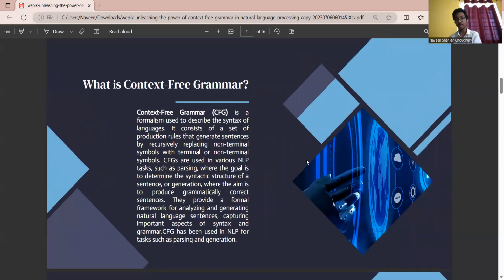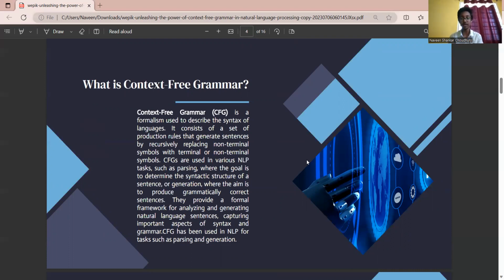So what is context-free grammar? Context-free grammar, that is CFG, is a formalism to describe the syntax of languages. It consists of a set of production rules that generate sentences by recursively replacing non-terminal symbols with terminal or non-terminal symbols. CFGs are used in various NLP tasks such as parsing, which we'll be discussing, where the goal is to determine the syntactic structure of a sentence, or generation, where the aim is to produce grammatically correct sentences.